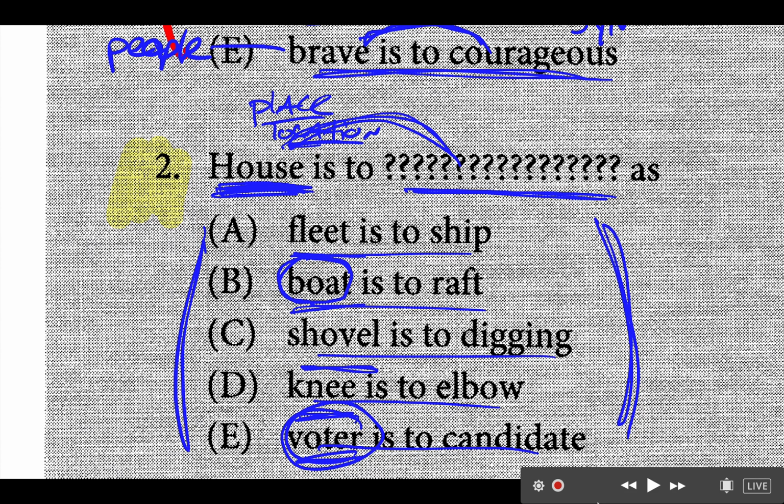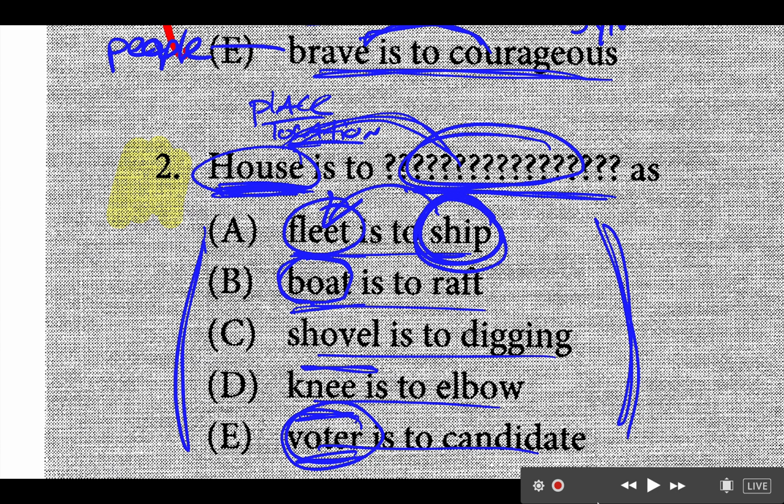Okay, well, I would start with eliminating the ones that you think are the worst choices. So a group of many ships make up a fleet, but I can't think of a word, many of a blank, that makes up a house. I guess you could say rooms, but it's not the same thing as a group of ships being a fleet.